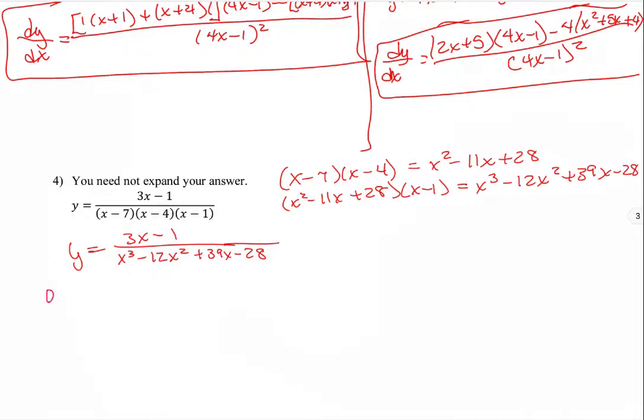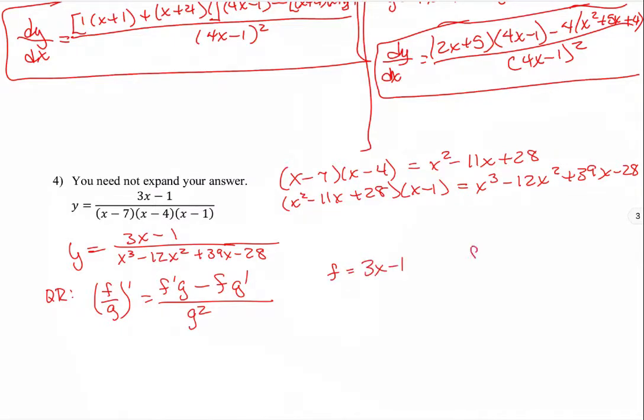So then I would do the quotient rule, where f is 3x minus 1 and f prime is 3, and g is x cubed minus 12x squared plus 39x minus 28, and g prime is 3x squared minus 24x plus 39.